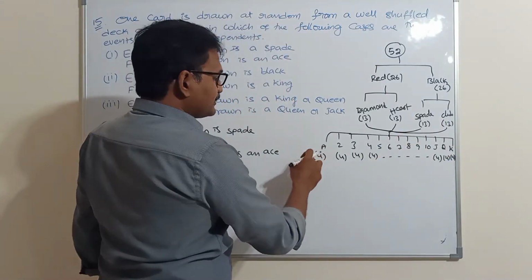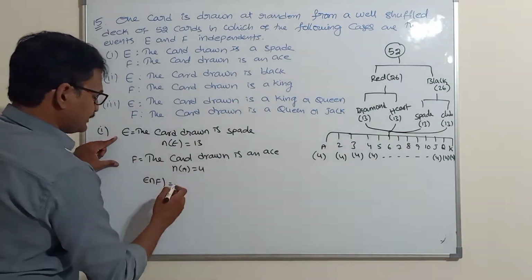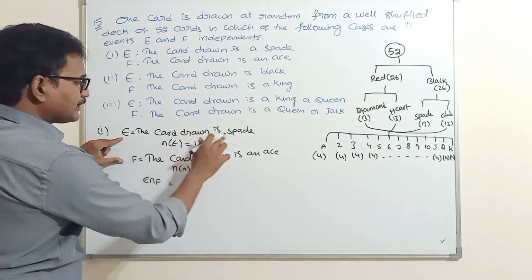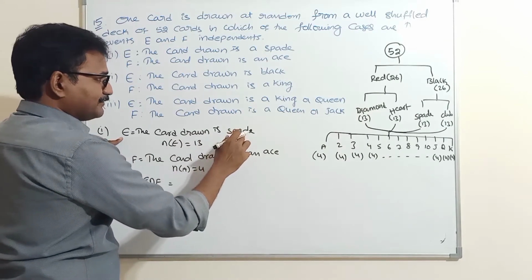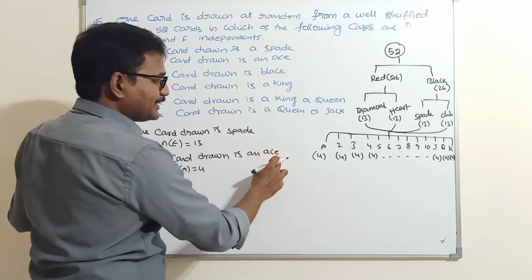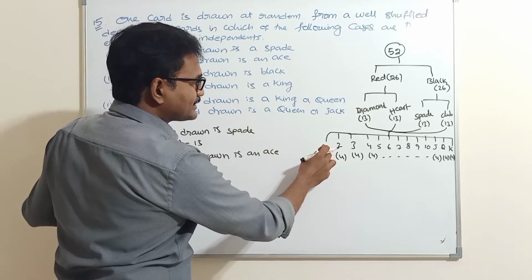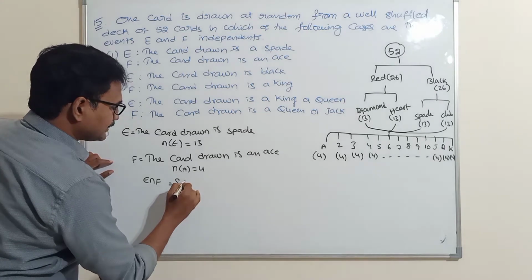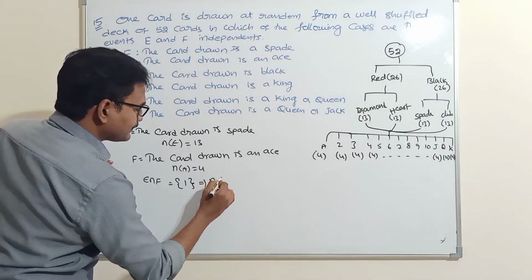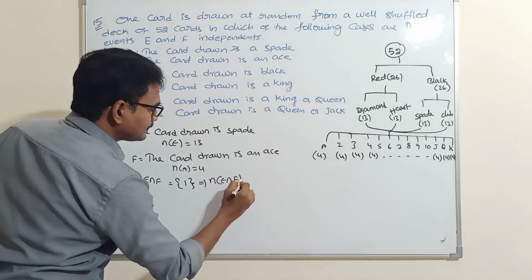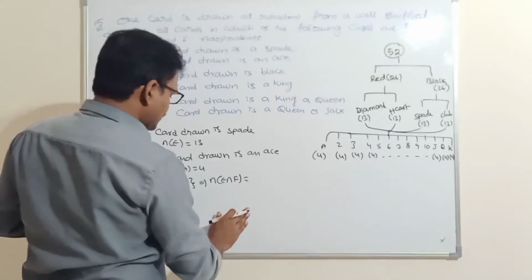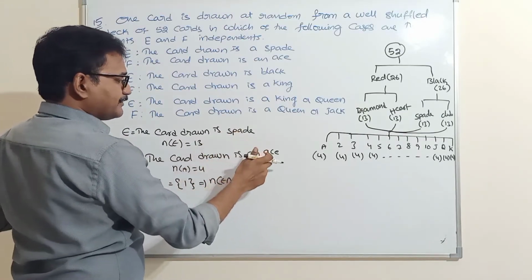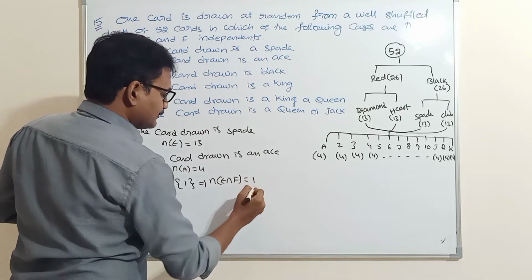E intersection F means a card with spade symbol, and it should be an ace card. So how many are there with ace with spade symbol? Only one card. So E intersection F is one card. So number of cards common to spade with ace is only one.